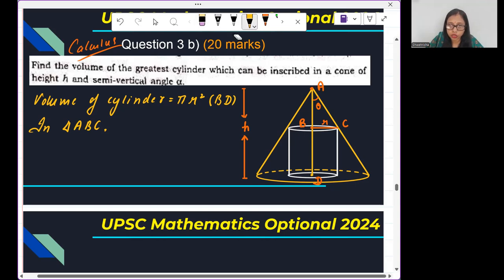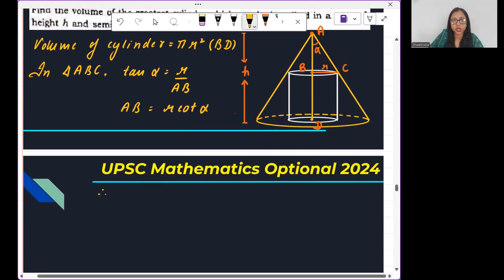Okay, this is alpha, not theta. So tan alpha is equal to R divided by AB. So AB is R cot alpha. Therefore, BD is h minus R cot alpha.